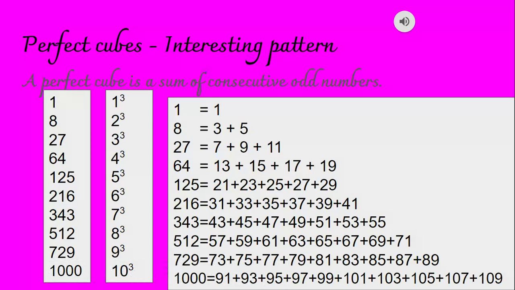But in this case, we start with 1, then for 8 it is the next consecutive numbers, 3 plus 5. Then it is 7 plus 9 plus 11. So we are not starting from 1 each time. Instead, we use the next consecutive numbers here. Clear?